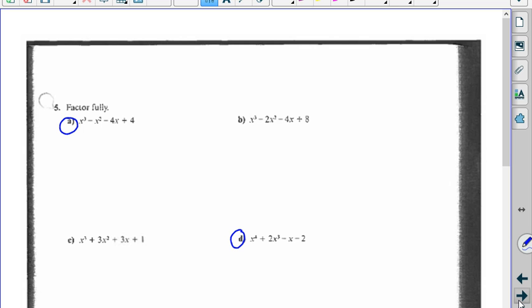Looking across the top, you've got x to the fourth plus 2x cubed minus 0. So you've got these here.